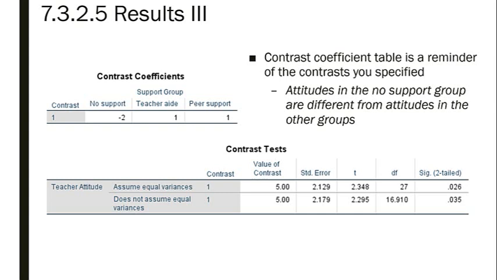So the hypothesis that we're specifically interested in is the alternative hypothesis: no support is different from some support. These are the contrasts we use, -2, 1, 1 for that. We could just as easily have used +2, -1, and -1. We would get the same result because the contrast coefficients don't actually specify a direction.